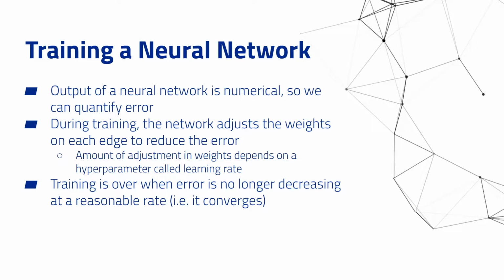And this error is sometimes called the cost function in some machine learning algorithms. And we're trying to lower this error through iterations and iterations. And finally, when it's no longer decreasing at a reasonable rate, we're going to say we arrive at the neural network that we want. We arrive at the algorithm to compute something from input to output. And that's also when we say a neural network converges.